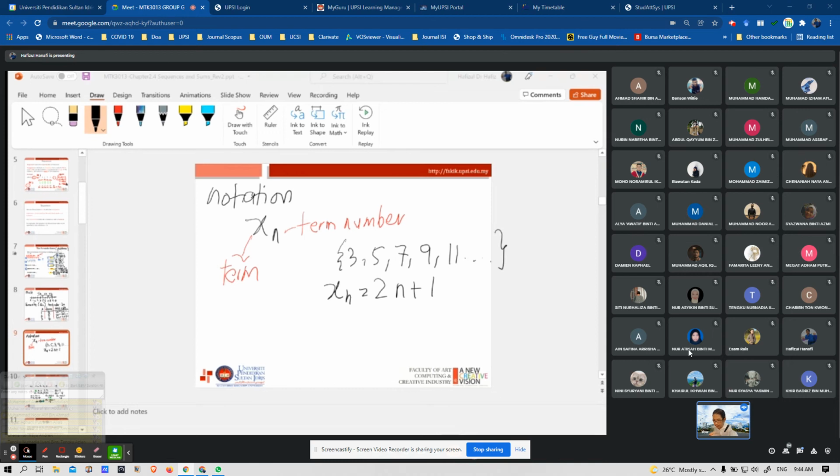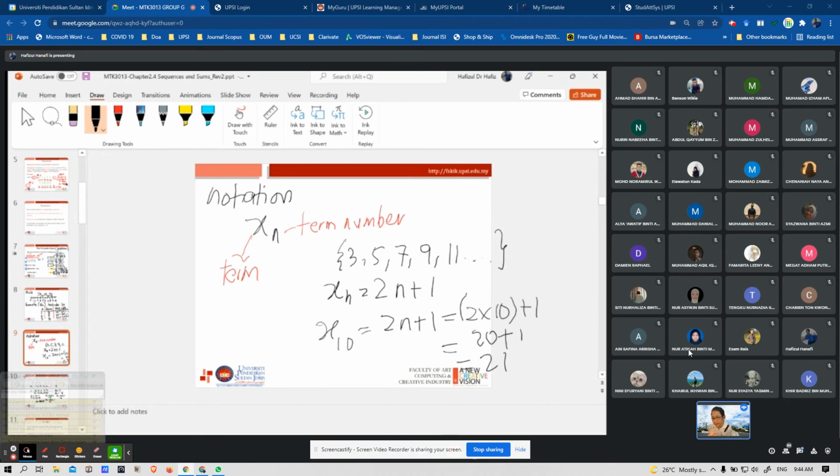Okay, how to calculate x_10: x_n is equal to 2n plus 1, which is 2 multiplied by 10 plus 1, equal to 20 plus 1, which is 21.